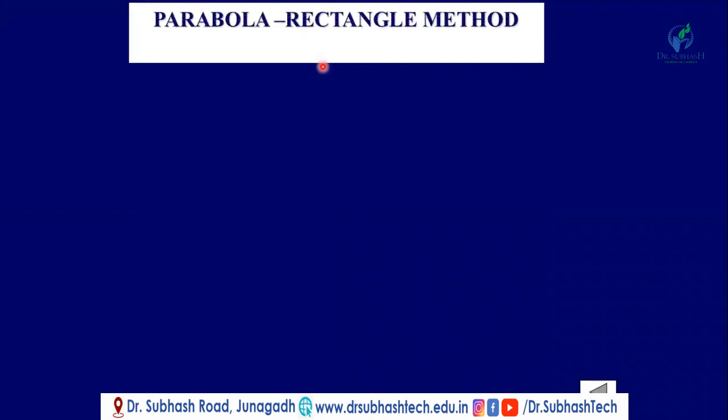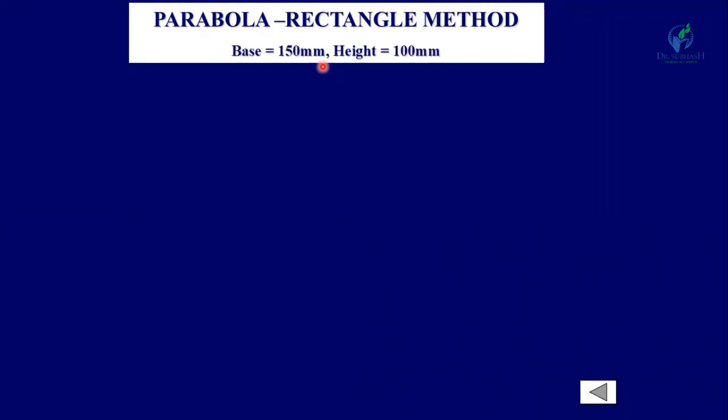So the first method is the parabola rectangle method. Here the given base of the parabola is equal to 150 mm and the height is equal to 100 mm. Now let us see how to draw the parabola using the rectangle method.